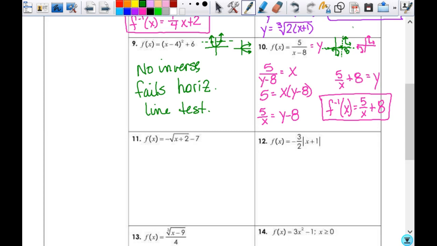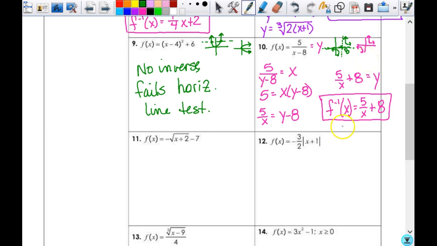Because we switch x and y, what else changes places? Domain and range. Because check this out. If I was to graph this, right? This is a stretch, okay? And I just shift up 8. If I'm just shifting up 8, does it change my domain from the original? Okay, just a shift up doesn't change the domain, right? So, and guess what? X can't equal 0. Just like here, you see how X can't equal 0?